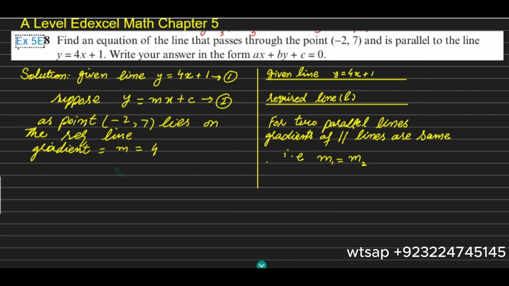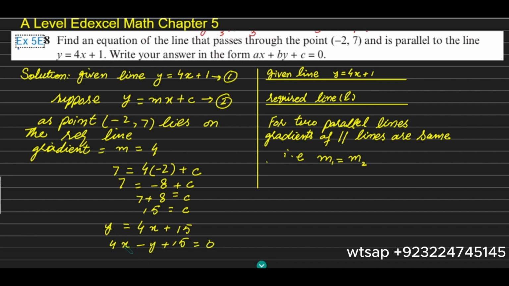In place of y, we will write 7 and m as this is 4. In place of x, we will use minus 2, and in this way, we find the value of c, which is minus 8 plus c, then c will be 7 plus 8, which is 15. So the required line will be y equal to m, which is the gradient 4, 4x plus c, 15 will be applied in the second equation. 4x minus y plus 15 will be the required equation.